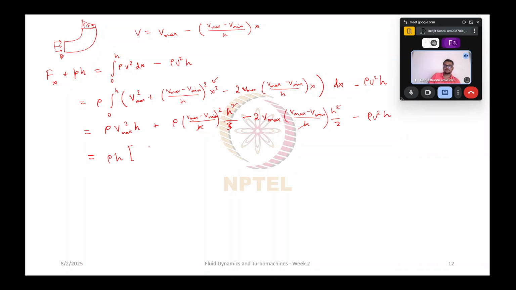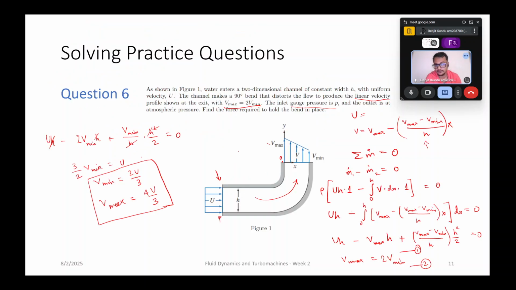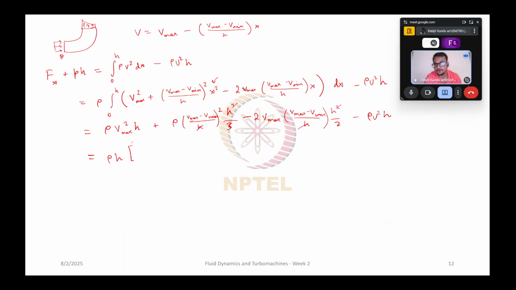That will give me v max squared. So I'll just take a quick look. V max is 4u by 3, so that's the square of that, 16u squared by 9, plus v max minus v min is v min squared.